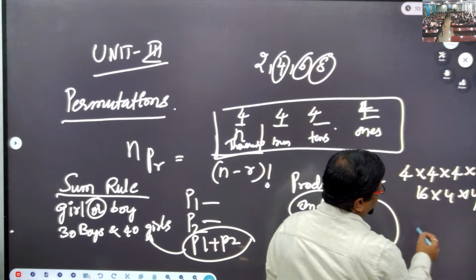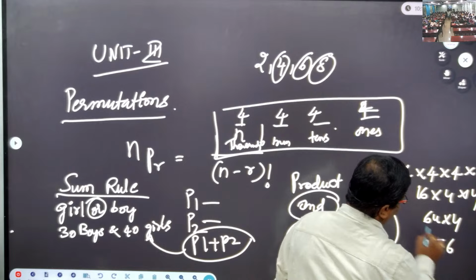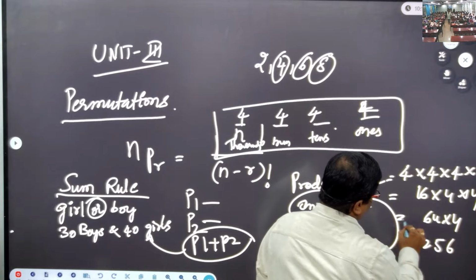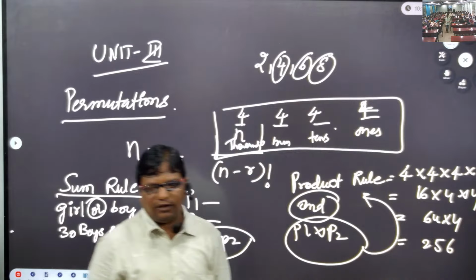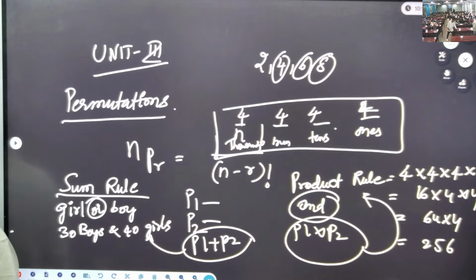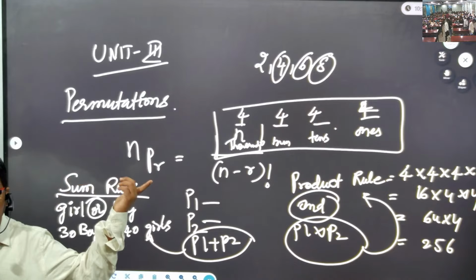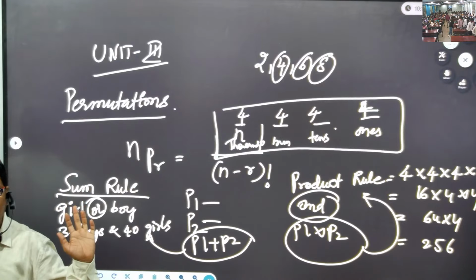Right. So what is it? 64 into 4. That is 256. How many ways are there? Completely we are having 256 ways of representing a 4-digit number when the repetitions are allowed.